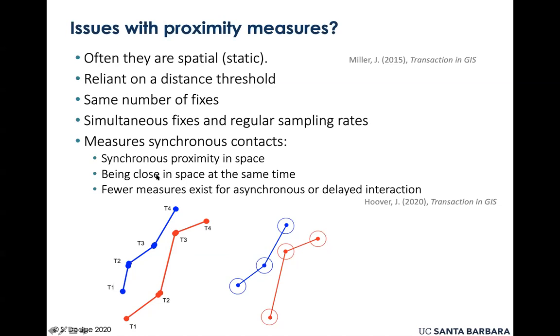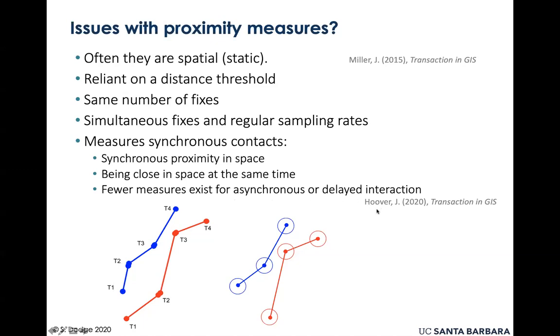And a lot of these measures, if they compute dynamic interaction, focus mainly on direct interaction, meaning synchronous interaction that happens at the same time. There is very little work on delayed or asynchronous interaction.